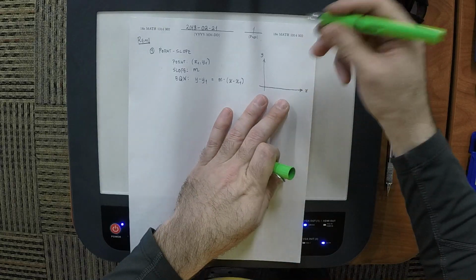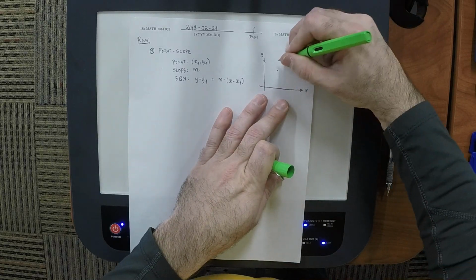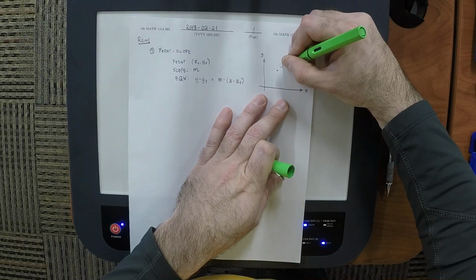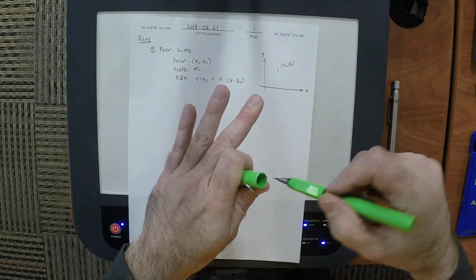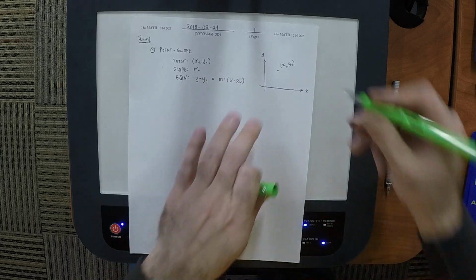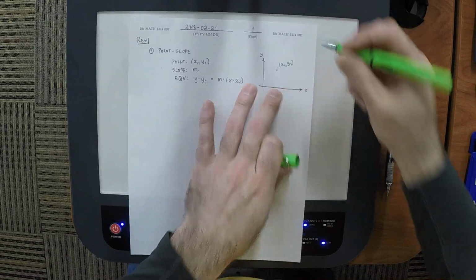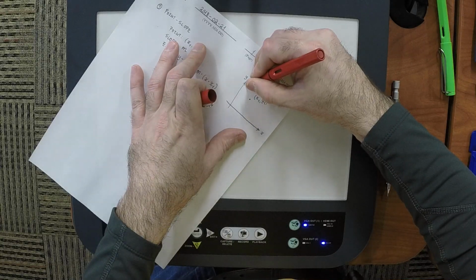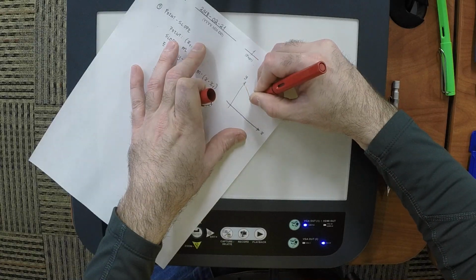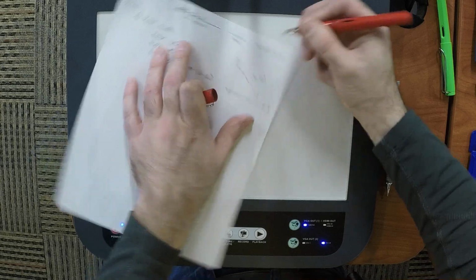We've got some point (x1, y1) known to be on a line, and this line is known to go through that point with slope m.